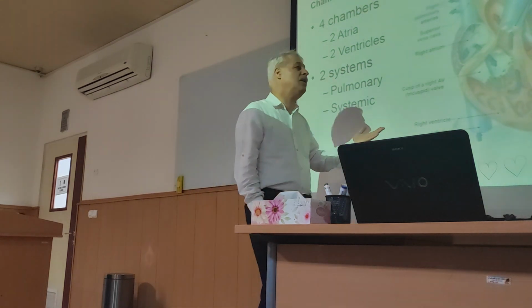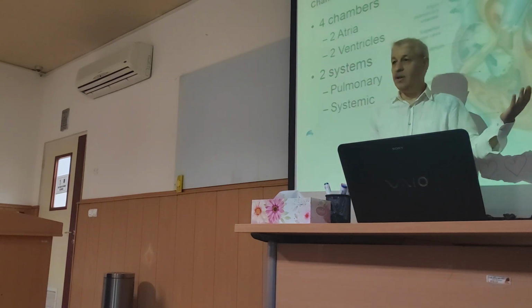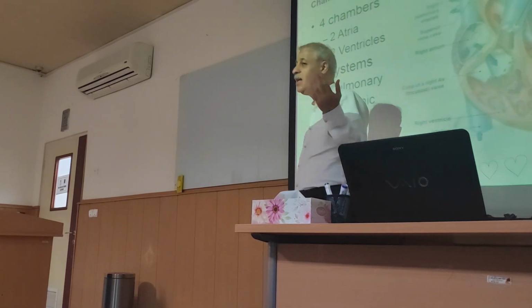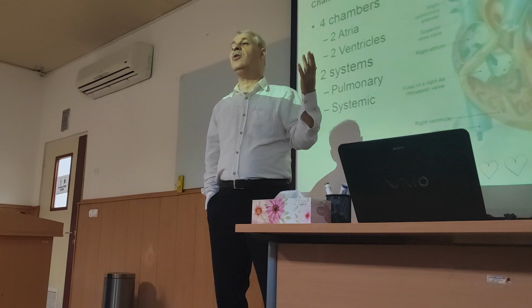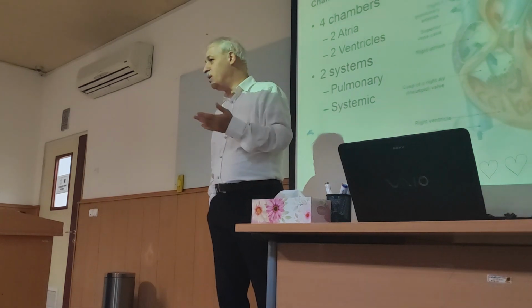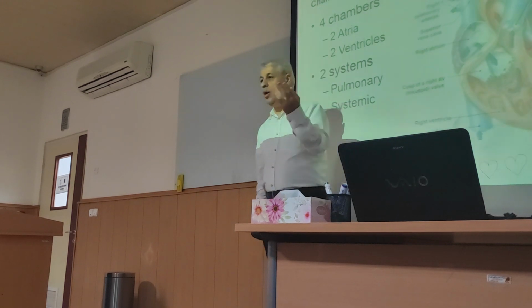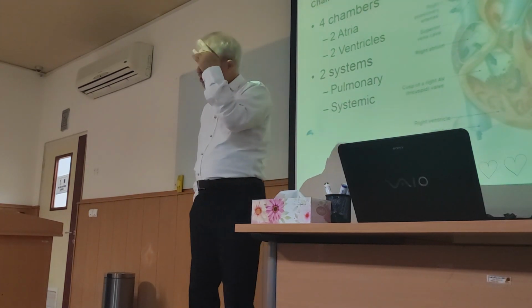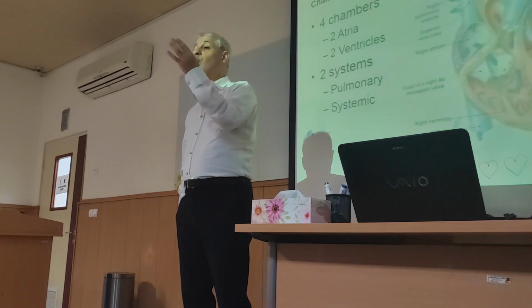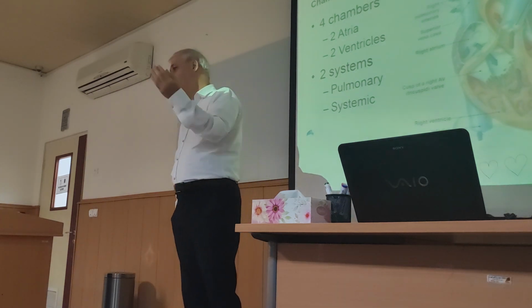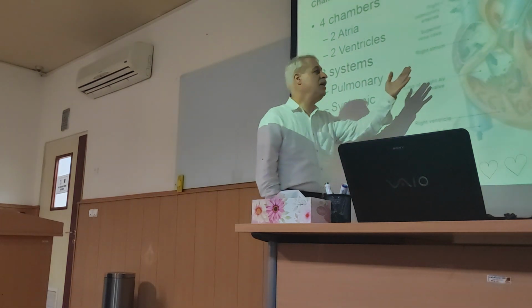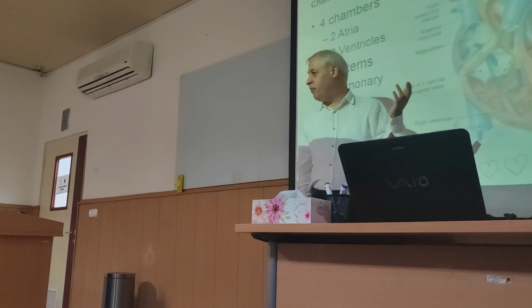In the left ventricle we have 100 at rest, up to 120 millimeters of mercury. Inside the left atria it is around 6 up to 8 millimeters of mercury. On the right side, the systolic pressure at rest is around 25, 28 millimeters of mercury. In the right atrium, up to 3 millimeters of mercury.